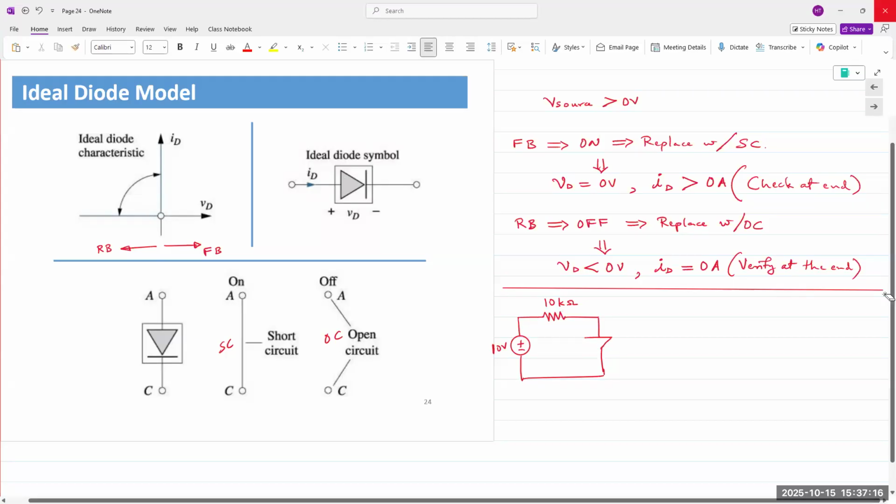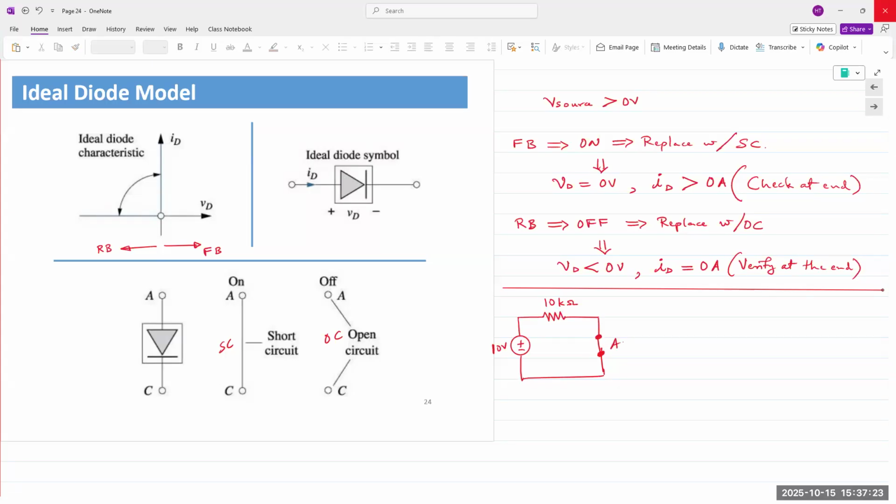Let's assume that the diode is on. If the diode is on, replace with a short circuit. Diode current ID is flowing through the circuit. And therefore, we need to verify whether ID is greater than 0 or not.